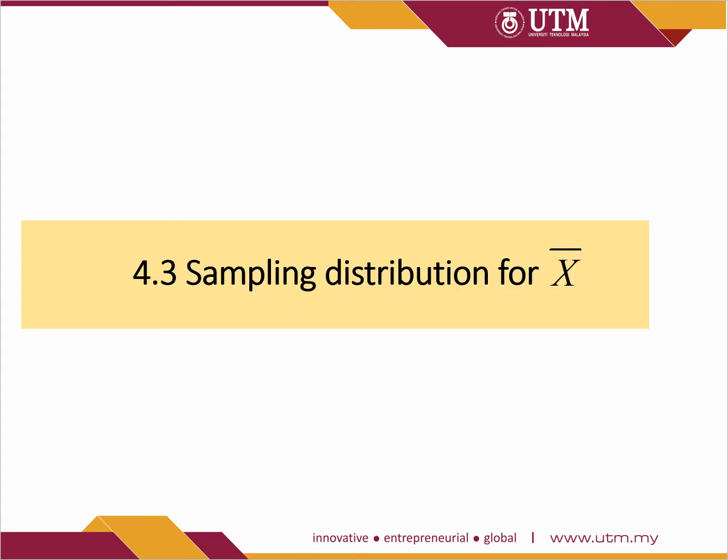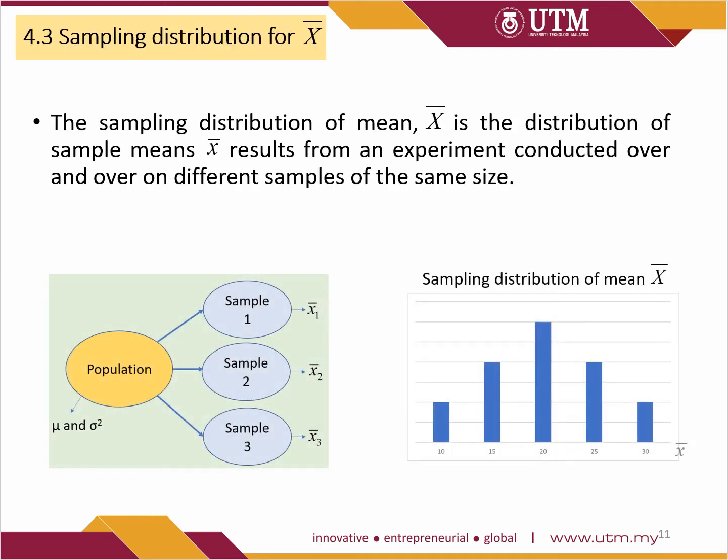So the first important sampling distribution to be considered is that of the mean, x bar. The sampling distribution of the mean is the distribution of sample means, where this sample mean may be different from one sample to the next.